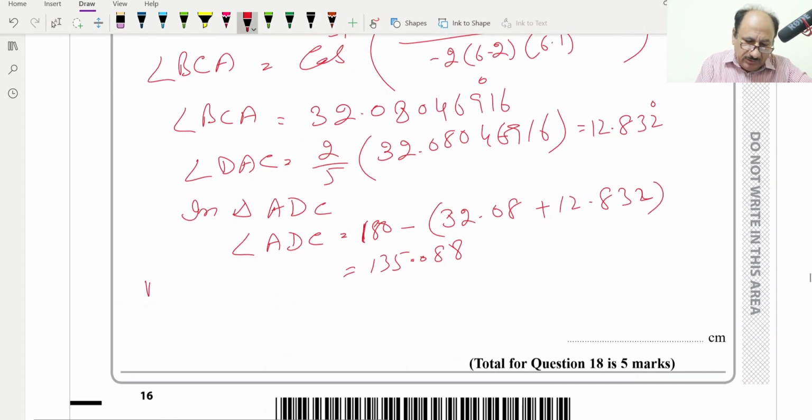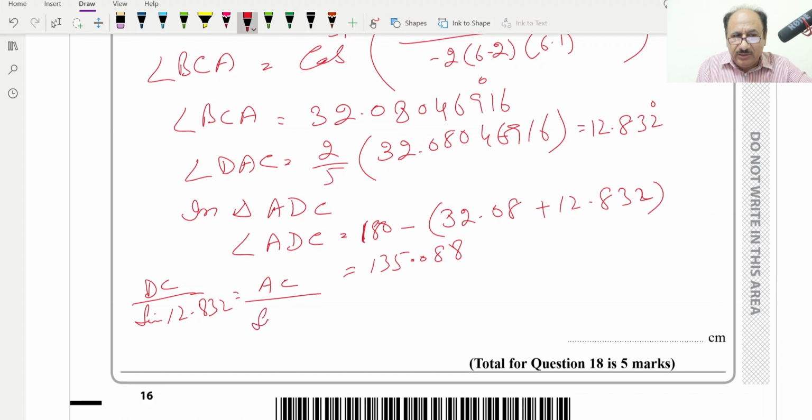So DC over sine of 12.832 will be equal to AC over sine of 135.088. I have written 135.1. Now we can find DC.